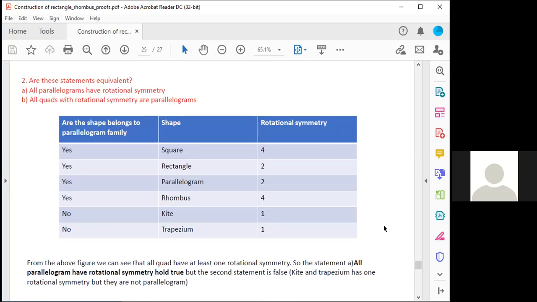There are things to think about, okay? When you are talking about rotational symmetry and you put a 4, that means the order of rotational symmetry. Now, the minimum order has to be 2. If the order is 1, that doesn't really have a rotational symmetry.